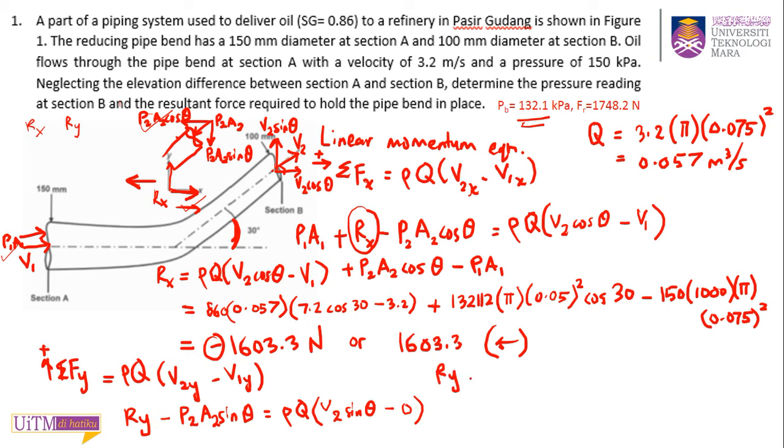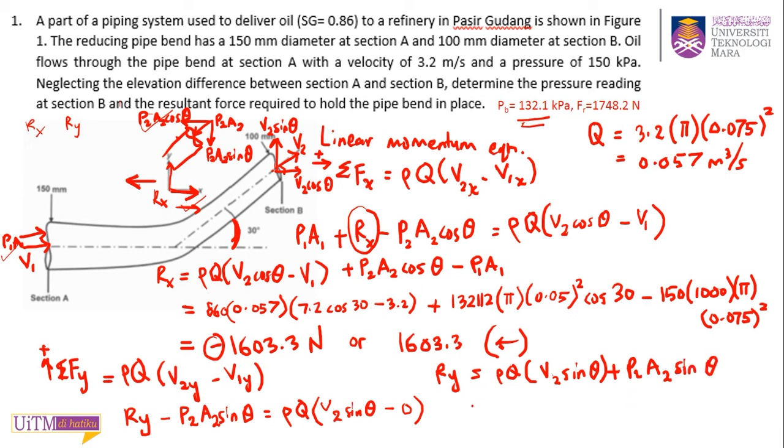So Ry will equal to rho Q times V2 sin theta plus P2 A2 sin theta.